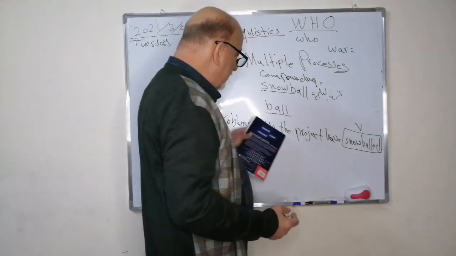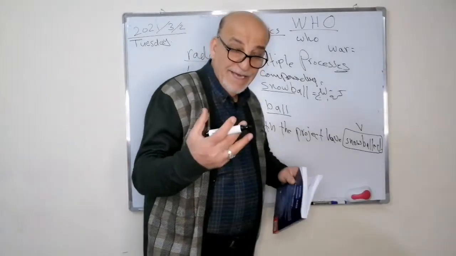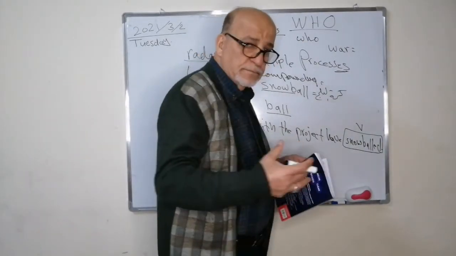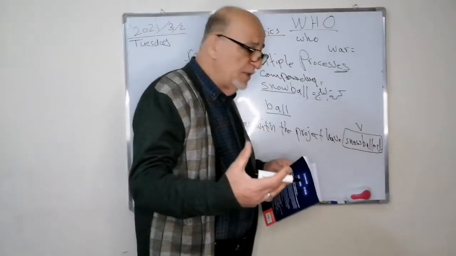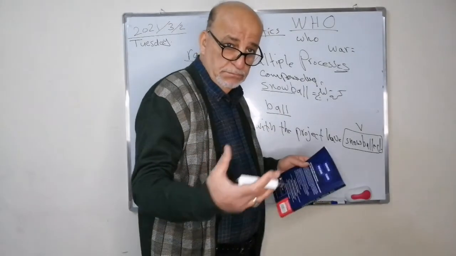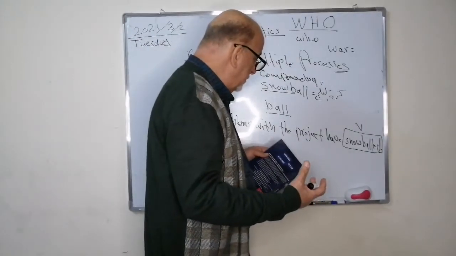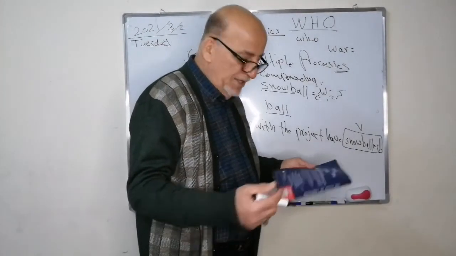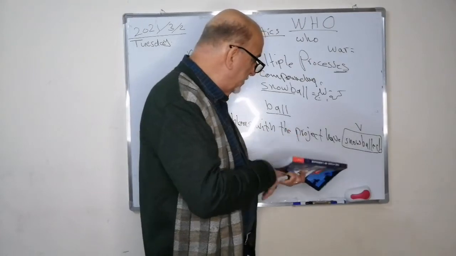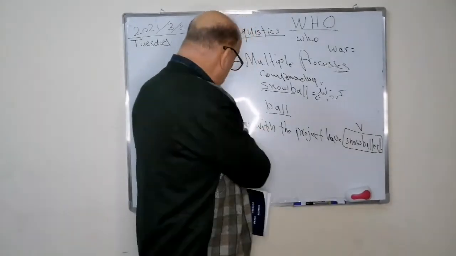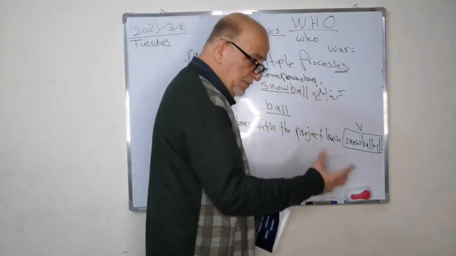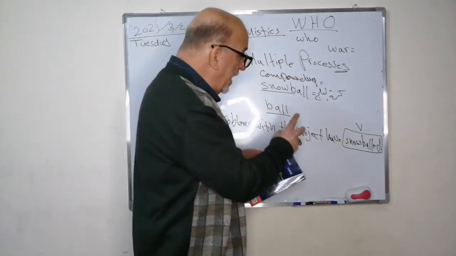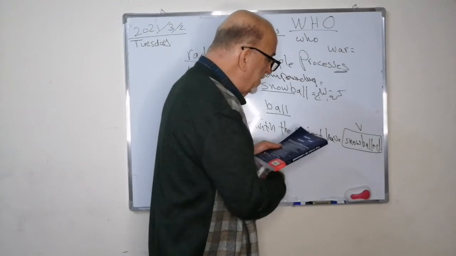When I say problems with the project have snowballed, يعني مشاكل مع المشروع. There is a project here, and they are talking about a particular project. Problems with the project have snowballed.